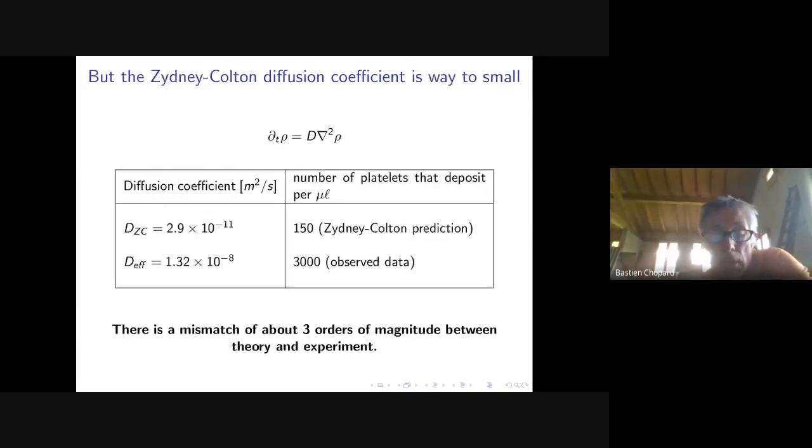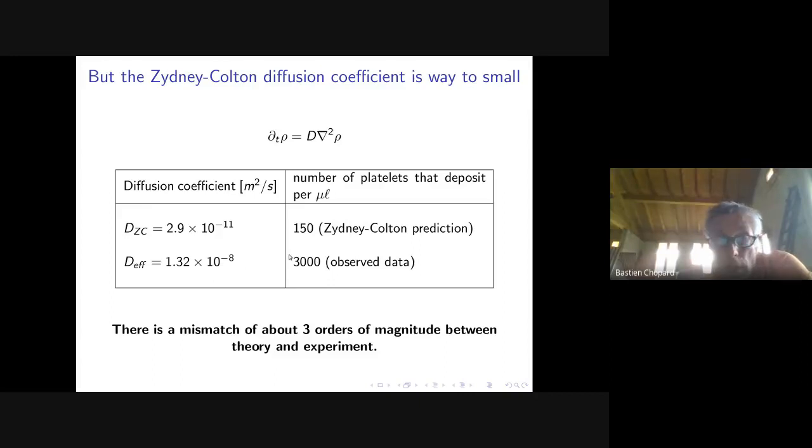And actually, we can do even a simple check, which is just measuring how many platelets in the experiment have disappeared from the bulk during the first 20 minutes, okay? And basically, if you use the Sidney-Colton value, which is this one, you should have only 150 platelets per milliliter that have disappeared due to deposition.